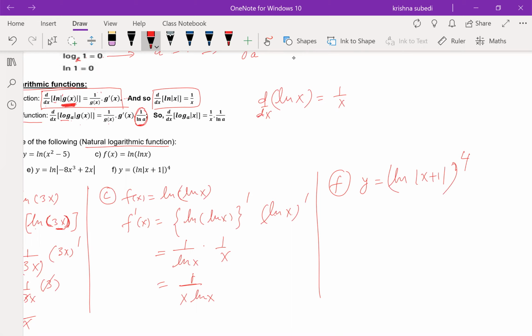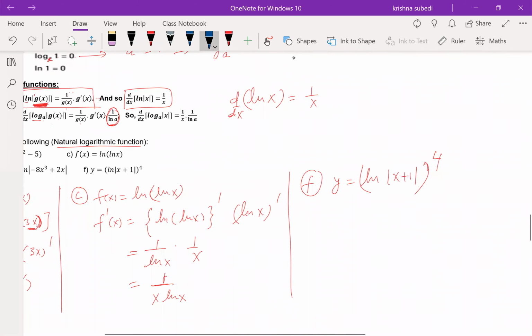So here we have to use the chain rule twice, because we have the mother, I would say grandmother, function here. So grandmother, mother, and then the baby inside. First we need to find the derivative of this whole function, which will be 4 times ln of x plus 1 to the power 3.